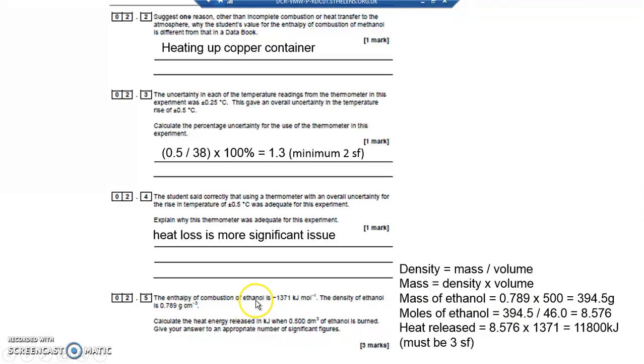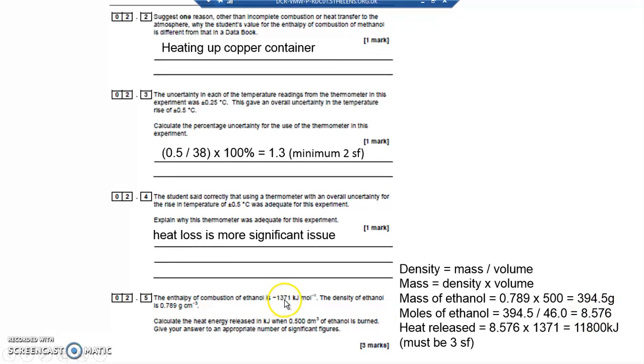Now I can work out the Mr of ethanol. Ethanol is CH3CH2OH. So when I work out the Mr, it works out as 46. 2 carbons are 2 12s each. The hydrogens, there's 6 hydrogens in there, so 6, and a 16 for the oxygen, 46 for ethanol, and so I can work out the number of moles. 394 divided by 46 is 8.576 moles of ethanol.